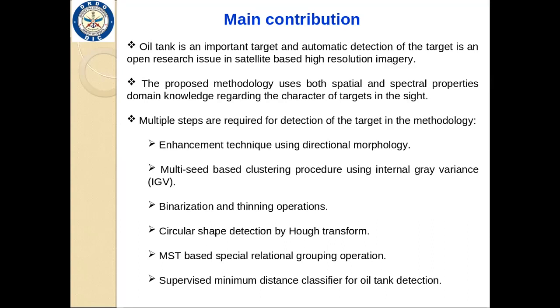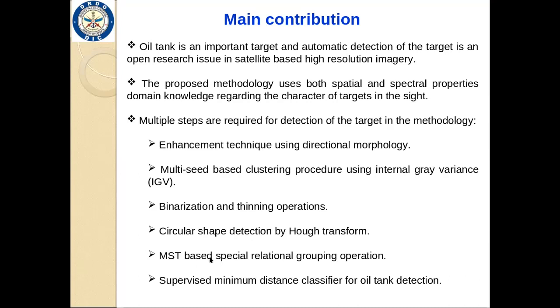Now, we use a multiple seed-based clustering procedure with the internal gray variance, then binarization and thinning operation, then circular detection by Hough transformation, then MST-based spatial relationship grouping, because the oil tanks and other tanks are also there, but the oil tanks are mostly in clustered form.